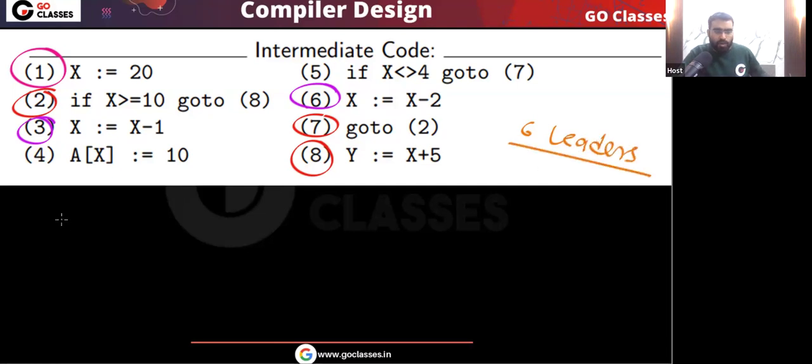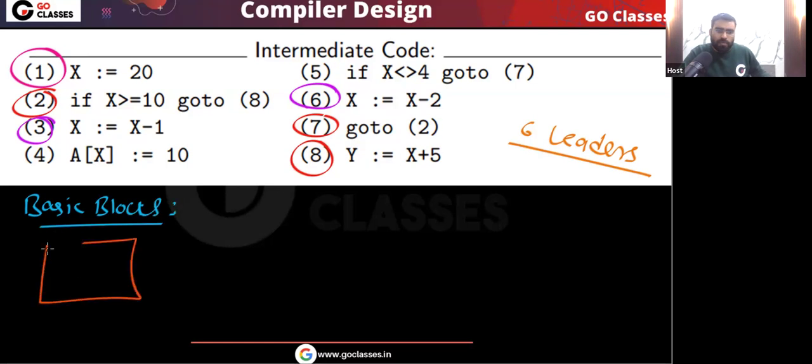So what are the basic blocks? You just tell me what the basic blocks are. Just go from leader to leader. In basic block 1, there will be only instruction number 1. In basic block 2, there will be only instruction number 2.